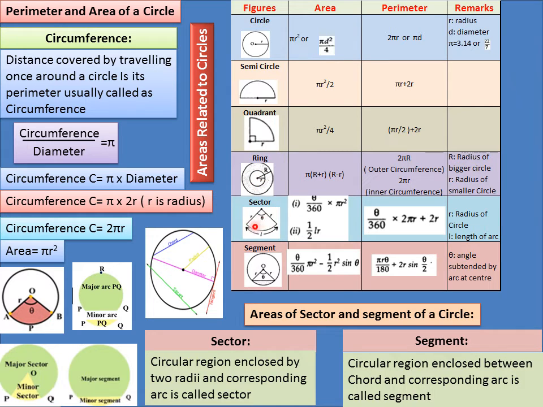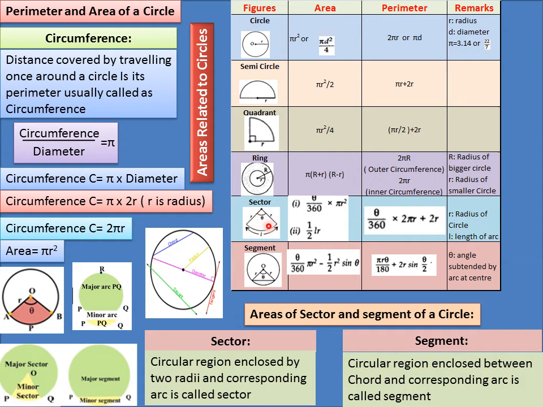Then sector, we have seen what a sector is. Sector is nothing but the region bounded by two radii and an arc of length L here. So the angle subtended will be theta here. The area becomes theta by 360 into pi r square. So theta by 360 into pi r square is the area of this sector.